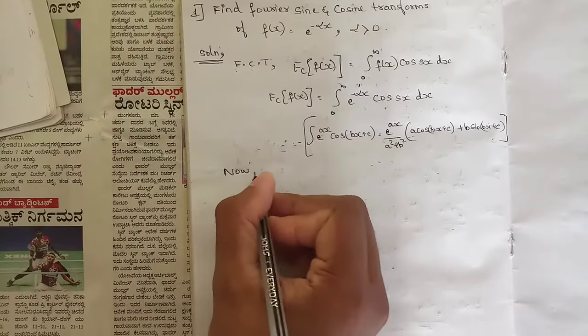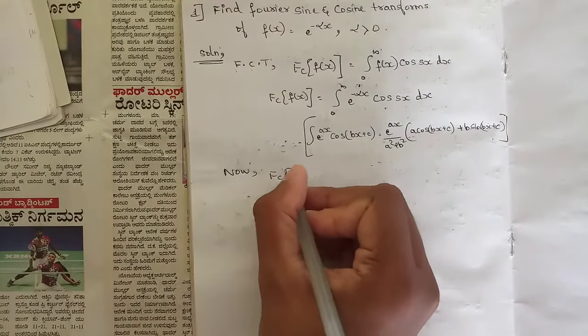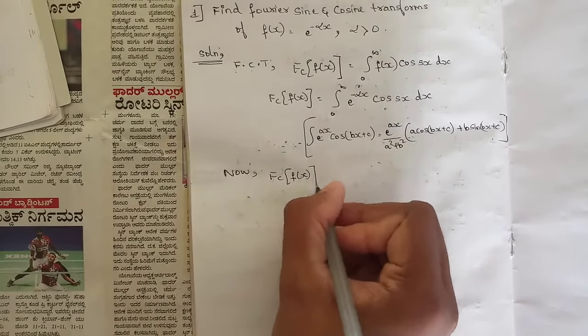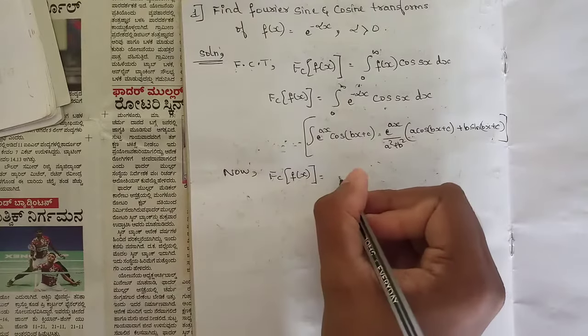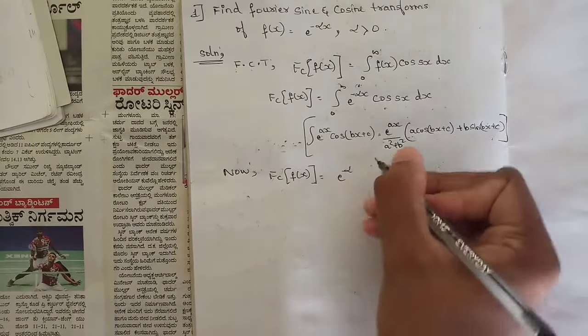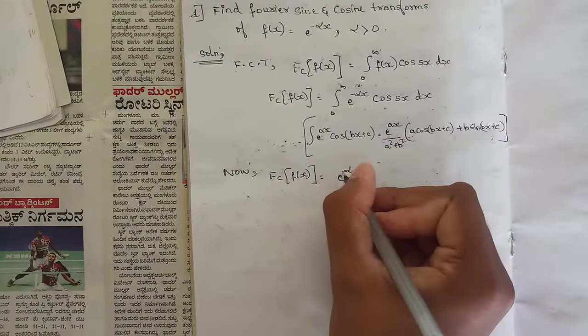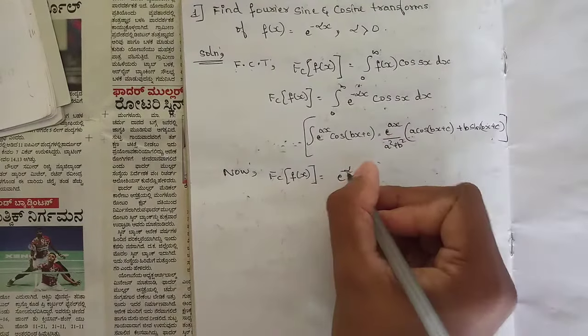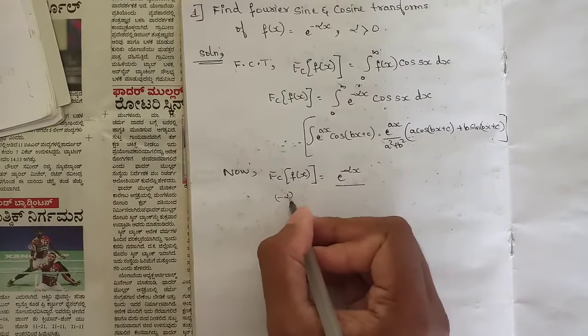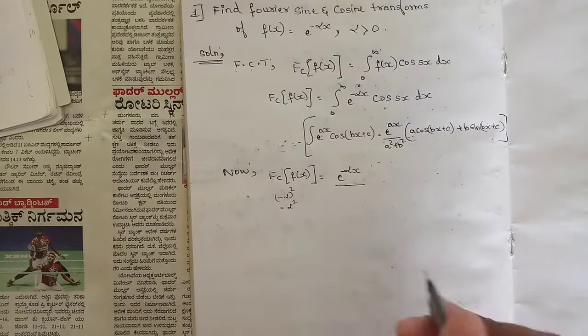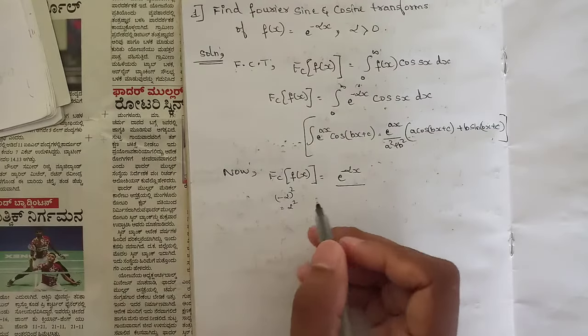Now Fc of f of x is equal to e to the power minus alpha x divided by a square, where the value of a is minus alpha, so minus alpha the whole square is equal to alpha square only, since minus alpha into minus alpha is alpha square.